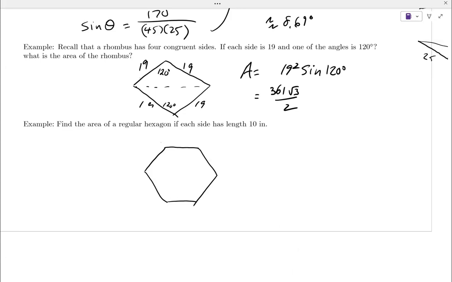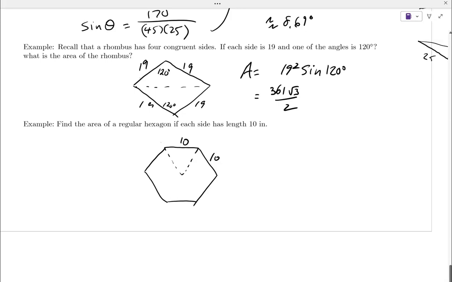Okay, cool. So I know that all the sides are congruent, and I know all the angles are congruent. Probably an easier way to do this is to think about everything coming out of the center this way.